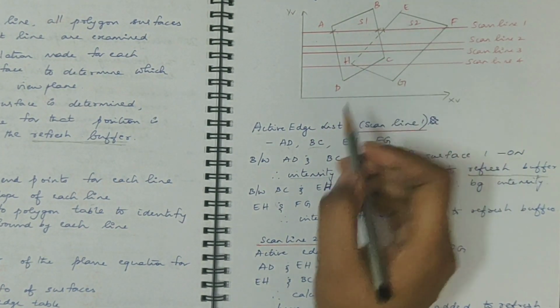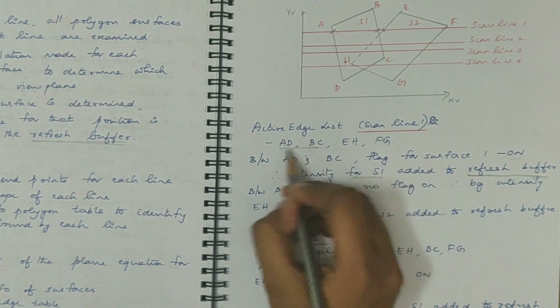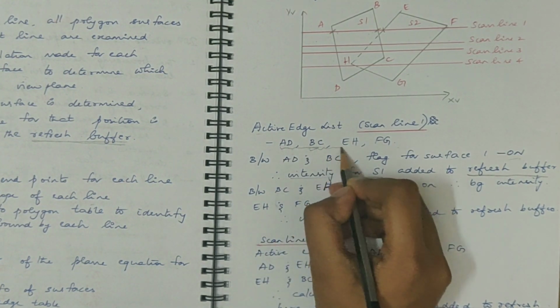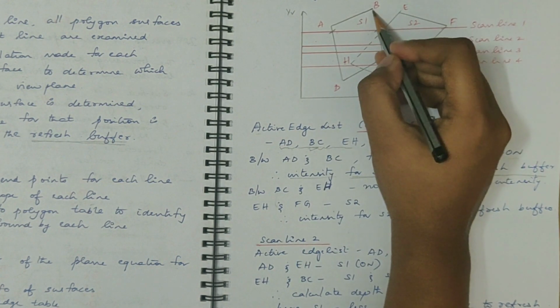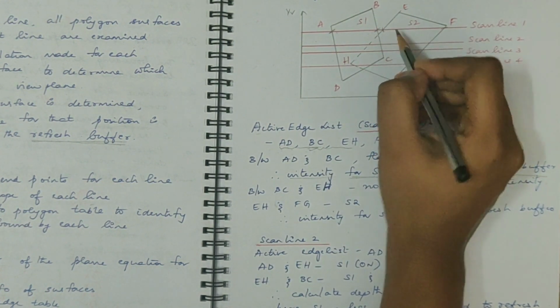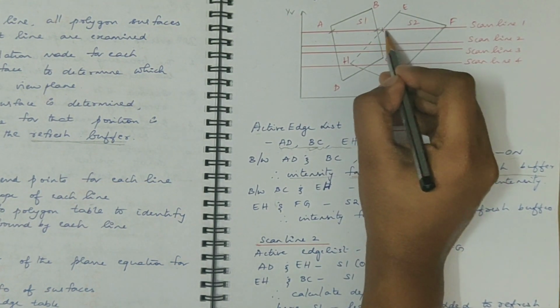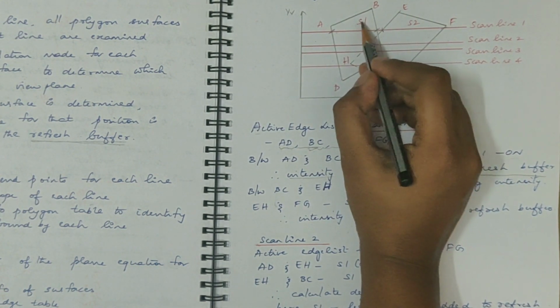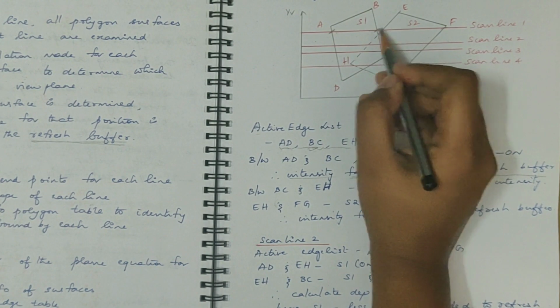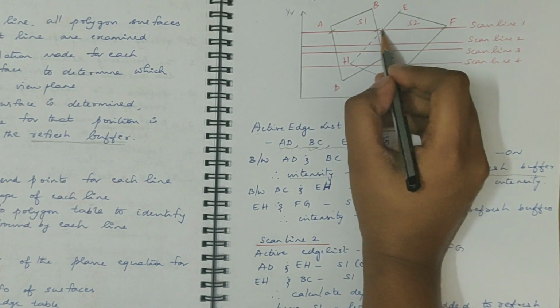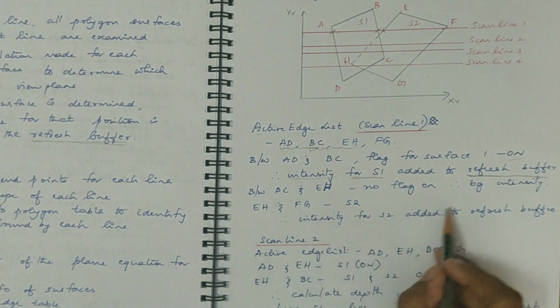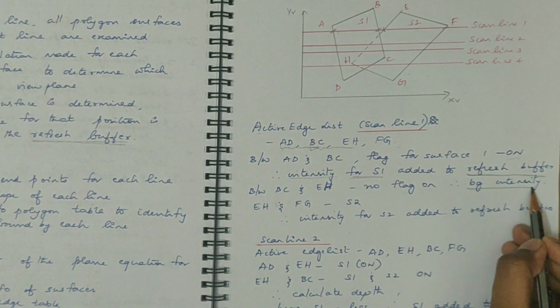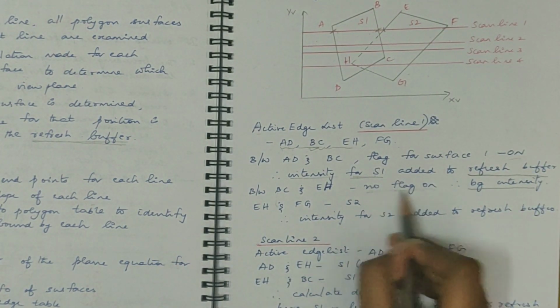This is the first pair that we have examined. Now you will take the next pair, between BC and EH. Between these two points, you have a small part of the scan line. Here you can see that there is no surface, neither S1 nor S2. So the background intensity value will be stored for these pixel positions in the refresh buffer, since the flag is not turned on.